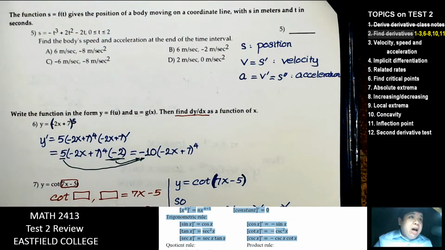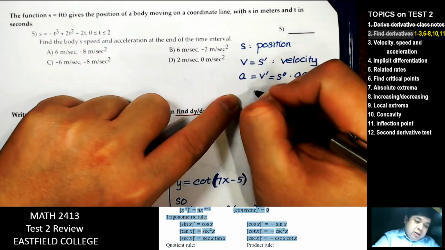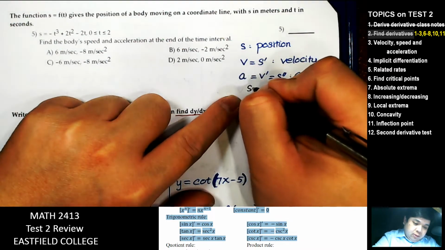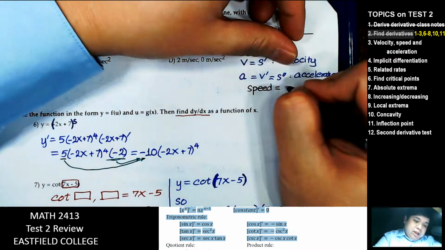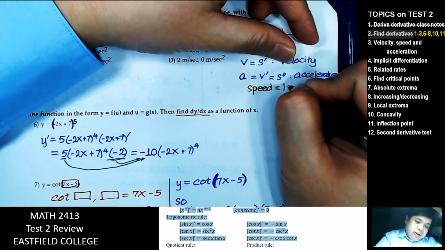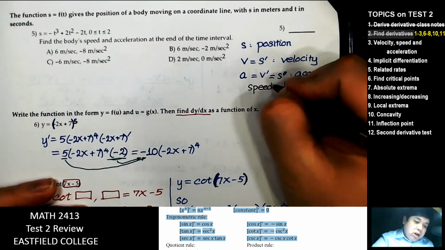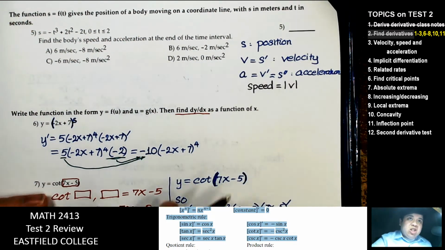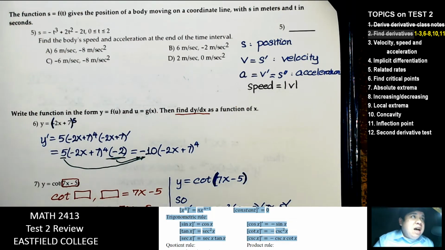Right. In the middle of that, we have the speed. The speed is the absolute value of velocity, meaning that it has no direction, it just has the magnitude. So we should say the magnitude, but if just one dimensional, it is just absolute value.